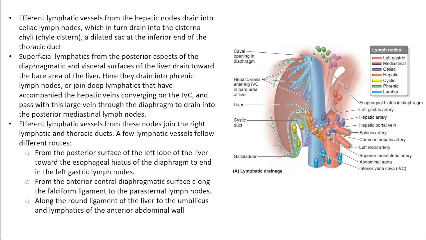Superficial lymphatics from the posterior aspect of the diaphragmatic and visceral surfaces drain towards the bare area of the liver, somewhere towards here. So from the bare area, the lymph will drain into phrenic lymph nodes related to the inferior surface of the diaphragm, right?